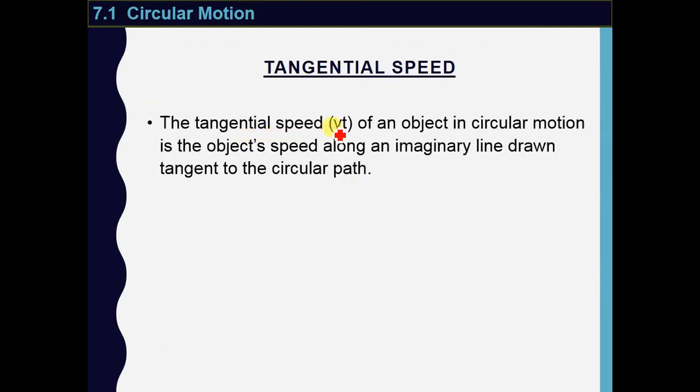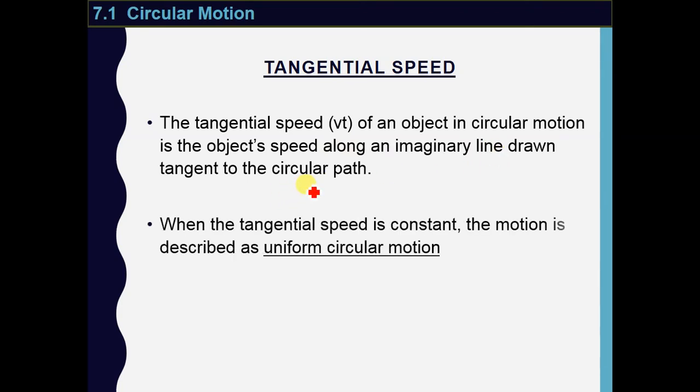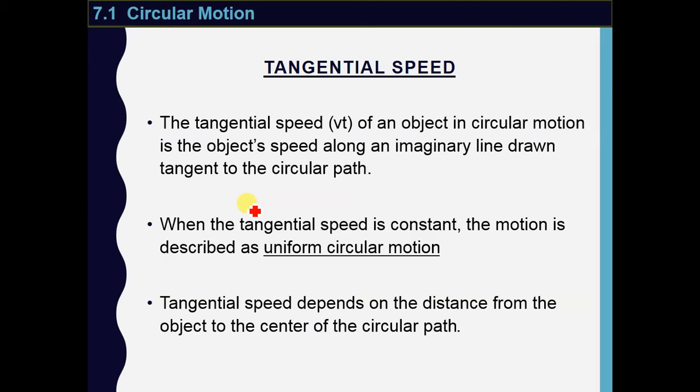The tangential speed, which we write as v subscript t, of an object in circular motion is the object's speed along an imaginary line drawn tangent to the circular path. When the tangential speed is constant, the motion described is called uniform circular motion. In this lesson we will deal with uniform circular motion.